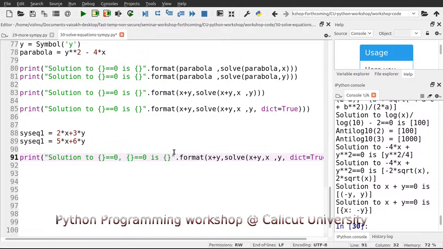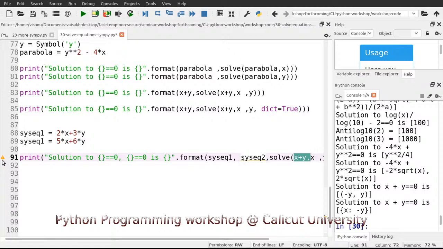So multiple equations. So what are the equations? System of equation 1, system of equations 2, solving. We need to enclose this: sys eq1, sys eq2.